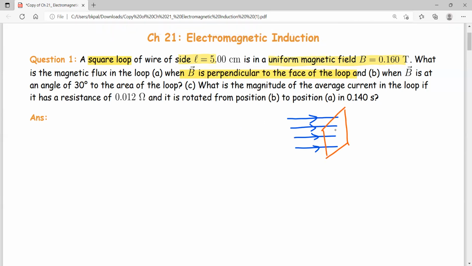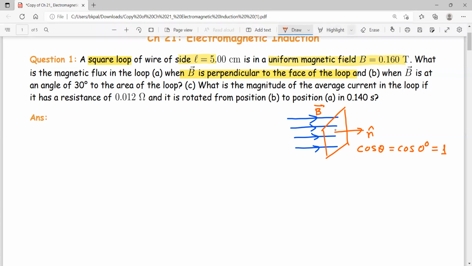That means the direction of the area and the direction of B are the same. So for the first question, cosine theta is cosine 0 degree, which is equal to 1.